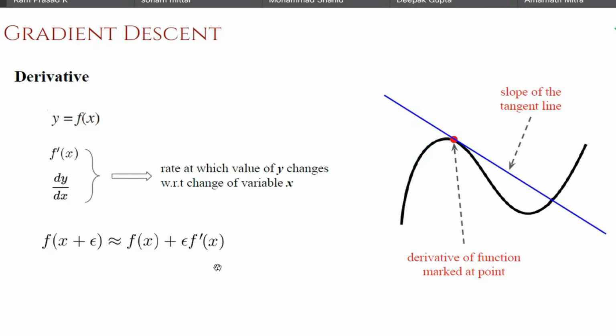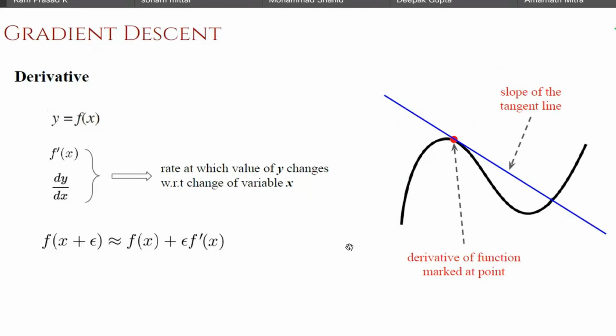Now there is another useful result. With the derivative information, you can also make predictions in a smaller neighborhood. That is very much similar to what we captured for regression analysis, where we have the relationship between dependent and independent variables.